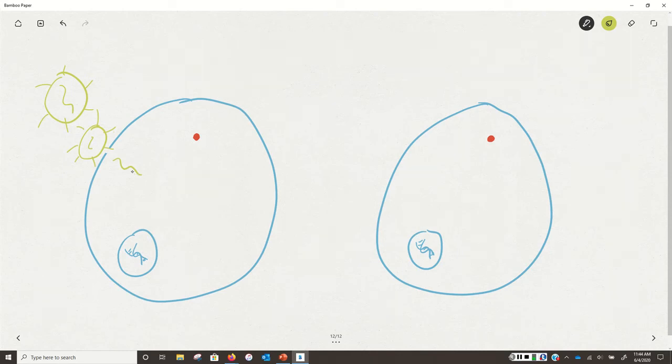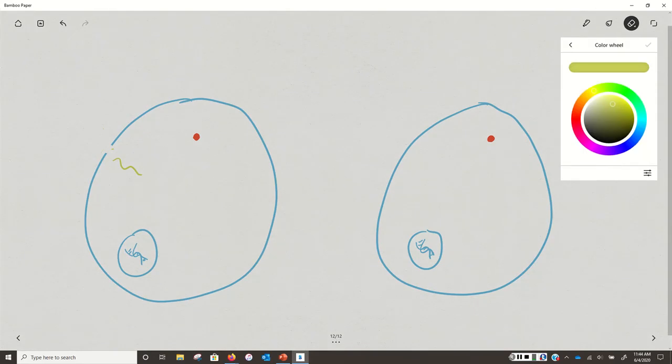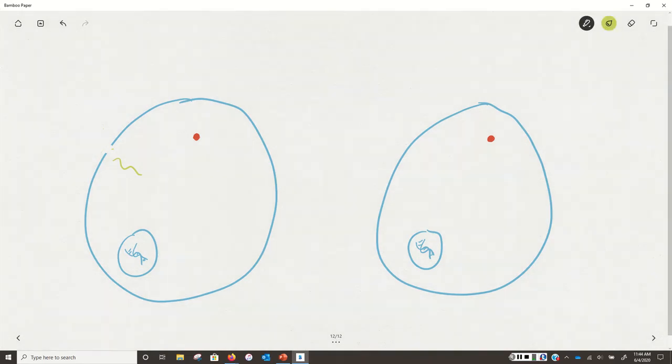And once a virus attaches and injects its genetic material, the virus itself, that shell, it degrades. It's no longer needed, because that RNA contains all of the genes from that virus.